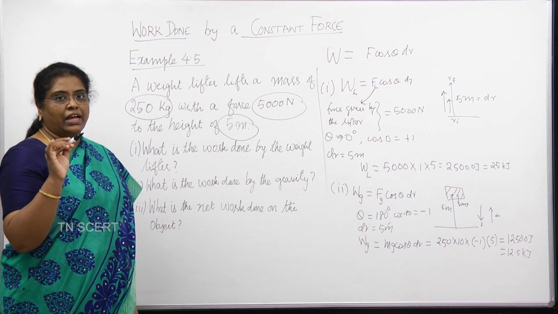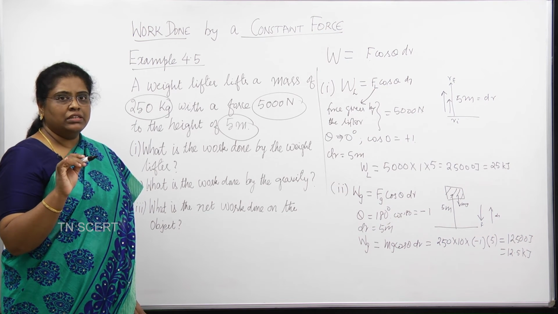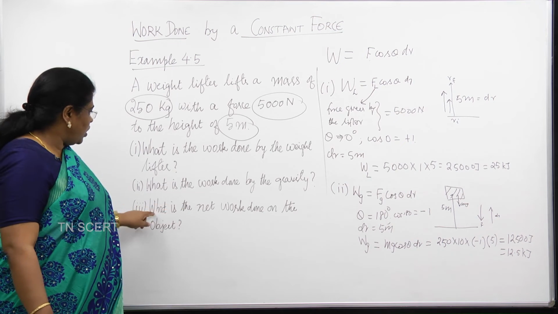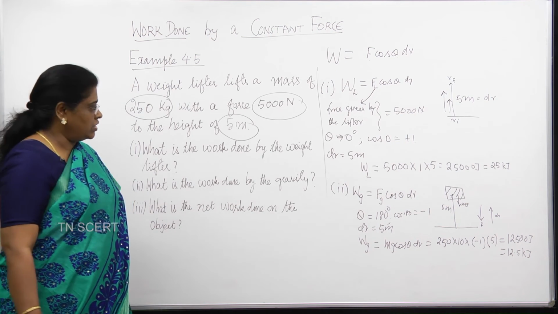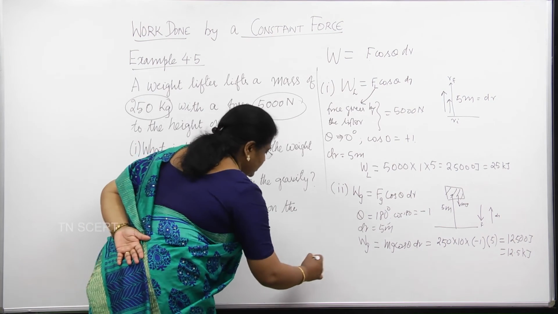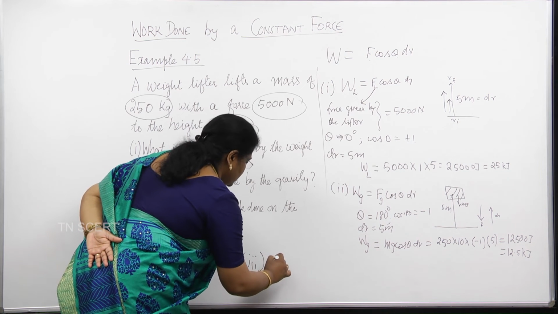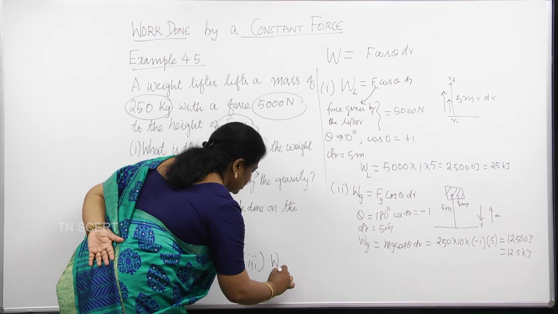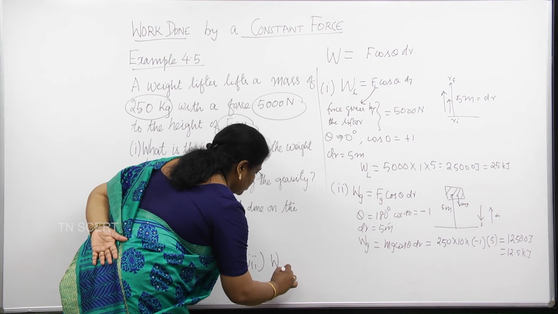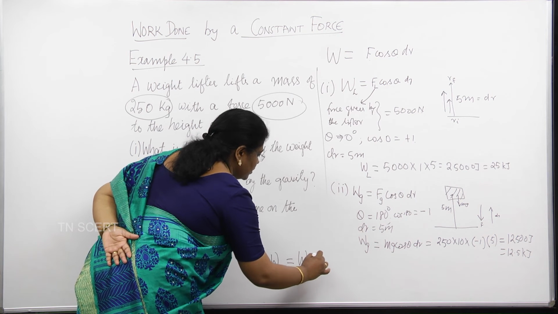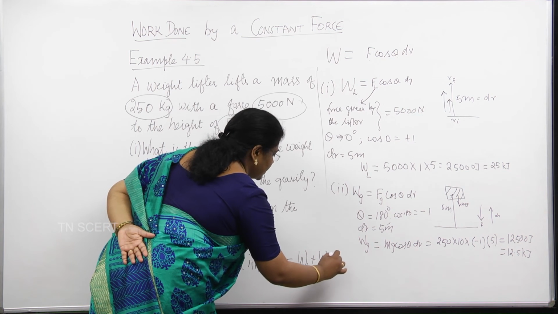Remember, both forces are acting on the object all the time it is being lifted up. So what is the net work done on it? The net work done is equal to the work done by the lifter plus the work done by gravity.